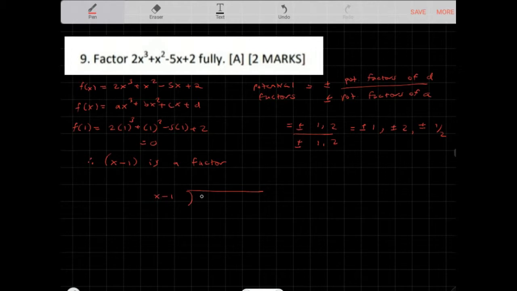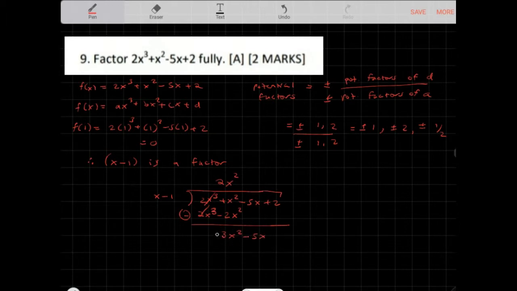So this is x minus 1, 2x cubed plus x squared minus 5x plus 2. And then here I'm going to plug in 2x, so you get 2x squared, so 2x cubed minus 2x squared. So you want to match the first term, and if you subtract it, these cancel out, so you get x squared minus negative 2x squared, so it's 3x squared minus 5x.